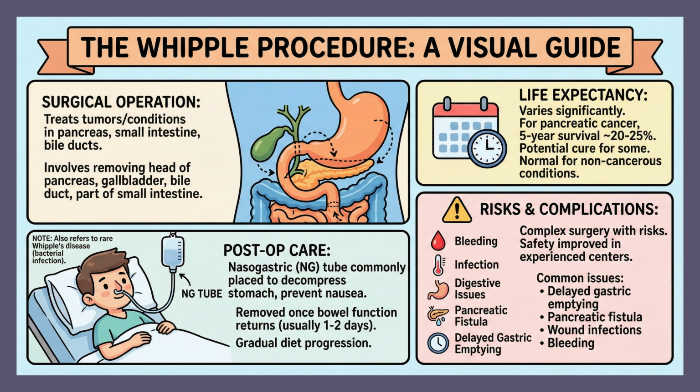This complex surgery is often used to treat pancreatic cancer but is not an option for everyone. It is a major surgery involving removing the head of the pancreas, gallbladder, bile duct, and part of the small intestine.